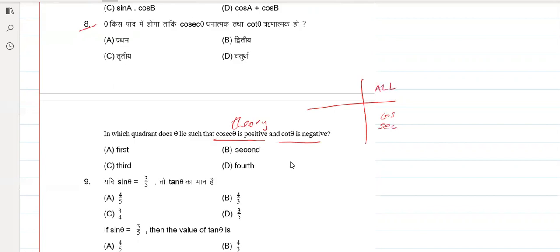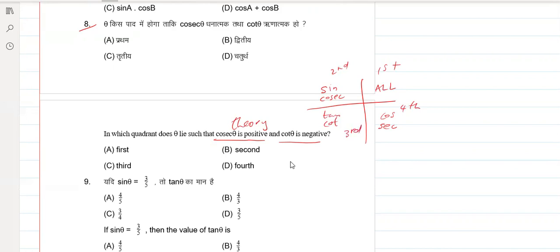This is all positive. This is where sine and cosec are positive. This is the second quadrant, first quadrant, fourth quadrant, and this is tan and cot, third quadrant.